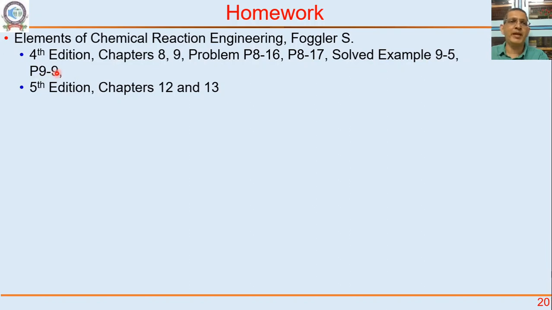Problem 9.9, P9-9, is an unsolved problem. Solved example is 9-5. If you are referring to the 5th edition, we are on chapters 12 and 13, dynamic behavior and steady state, exothermic and adiabatic and diabatic reactors.